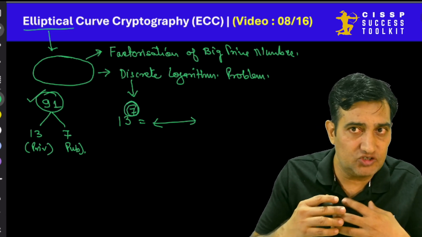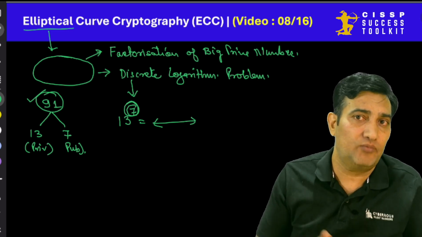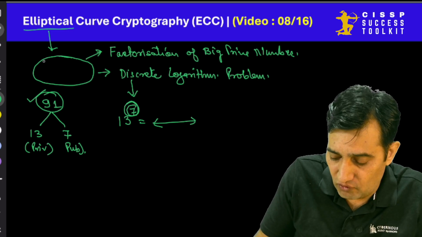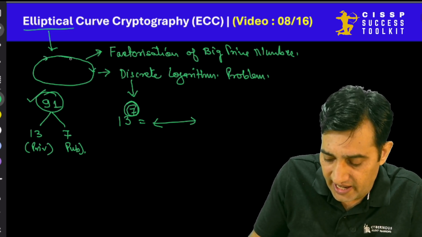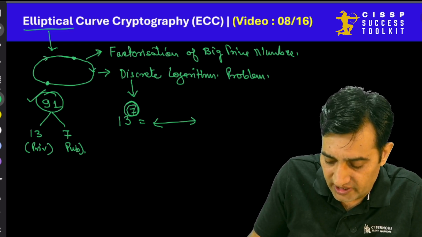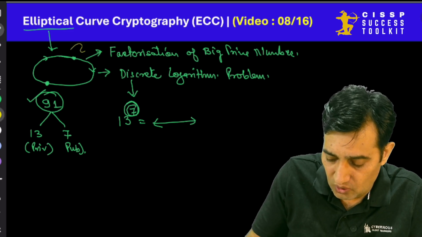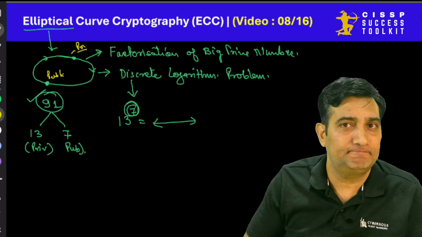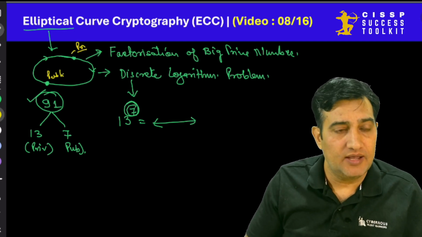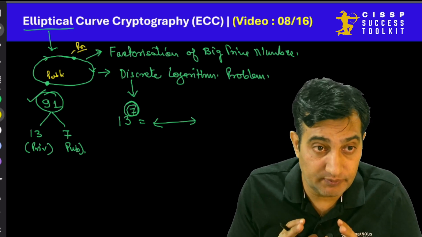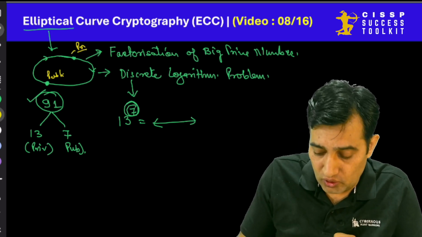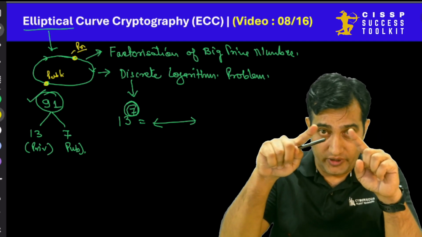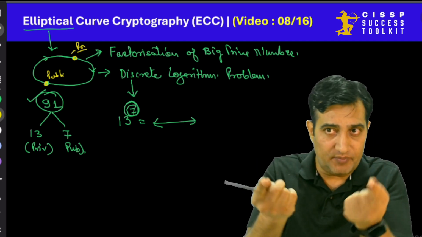So that is something which you can relate with the discrete logarithm problem. Okay, and in this one what happens is this forms a kind of elliptical curve, and any 2 points on this elliptical curve are taken, one as a private key and one as a public key.